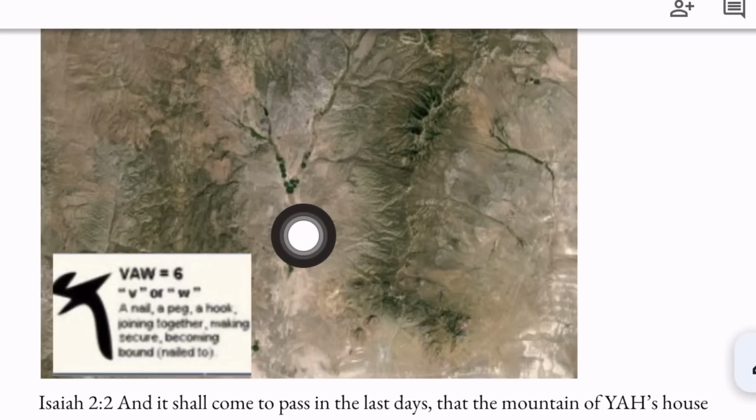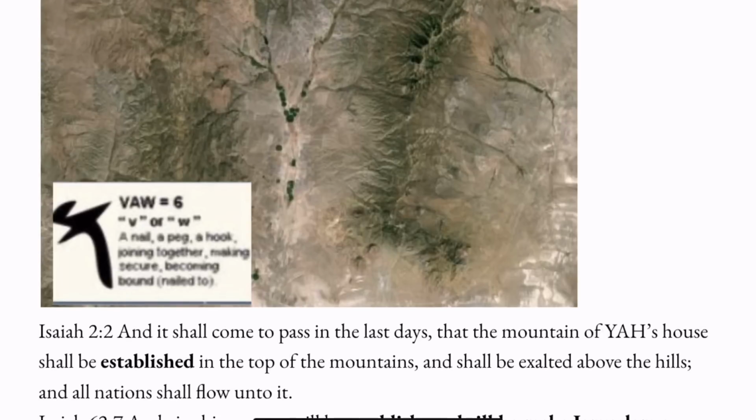Established means to make something long term, to make something forever. And Jerusalem is the only city that will be established forever. So with that being said, wouldn't it make sense to put the Hebrew letter for establish on Jerusalem? I'm just saying, guys.